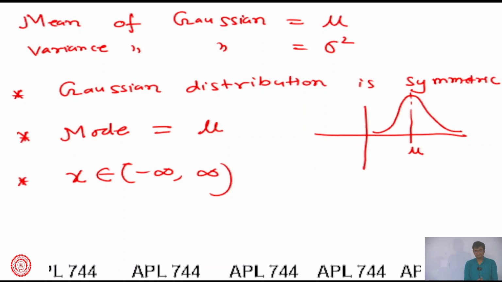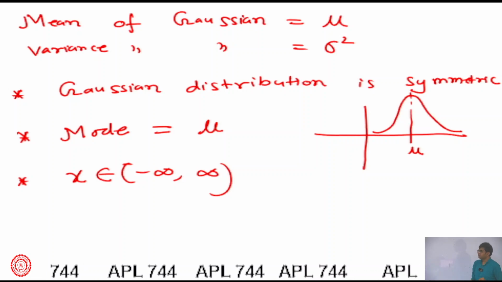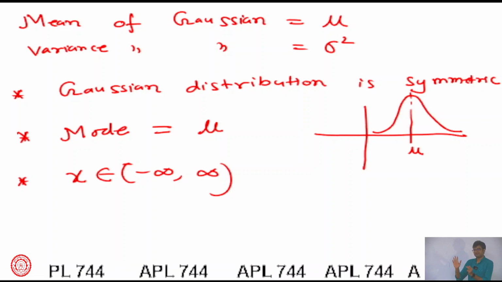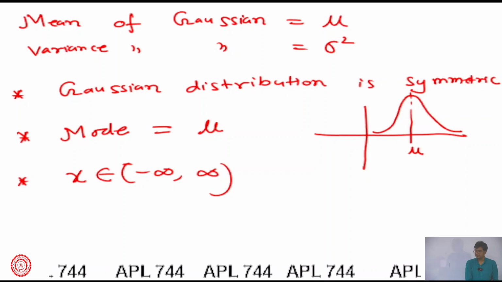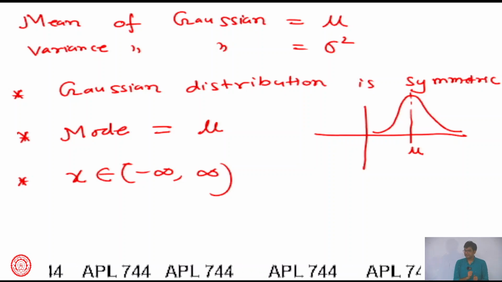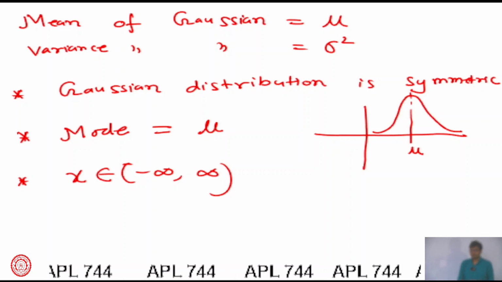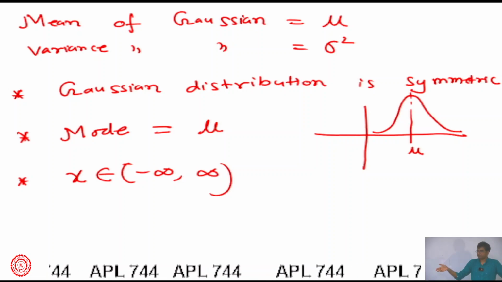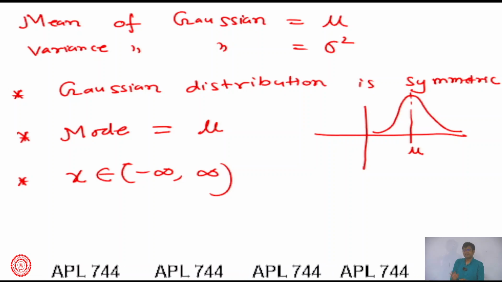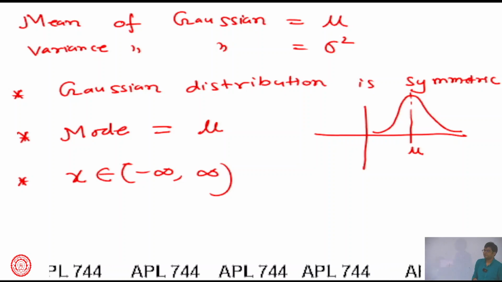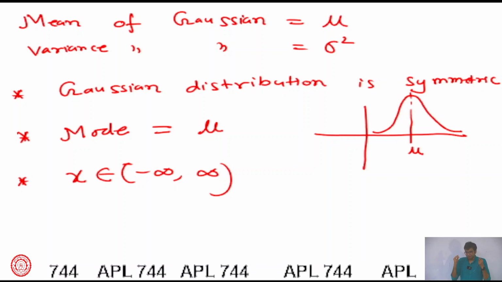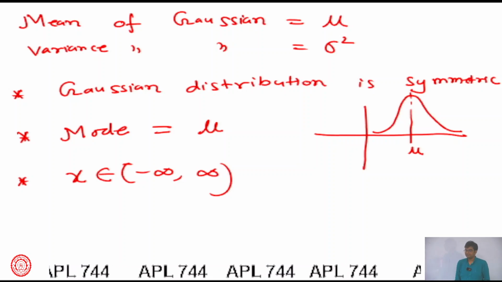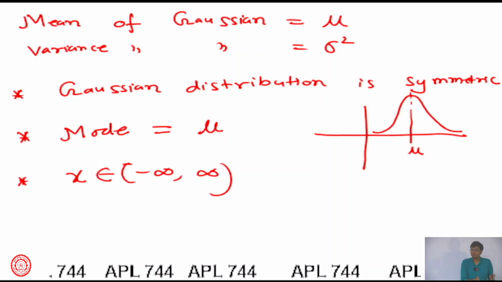But in practice, because we do not like to work with infinity, most of the time we will restrict ourselves to mu minus 3 sigma to mu plus 3 sigma, and there is a reason for that. The probability that the variable x, assuming it is following Gaussian distribution, will reside between mu minus 3 sigma and mu plus 3 sigma is 99.81% or something like that, which is a very high probability. So, with very high probability your variable will be between mu minus 3 sigma and mu plus 3 sigma.